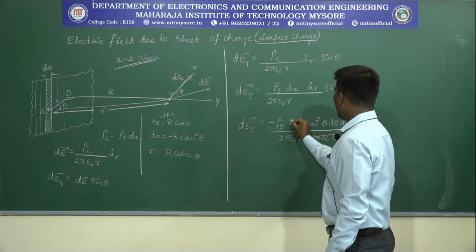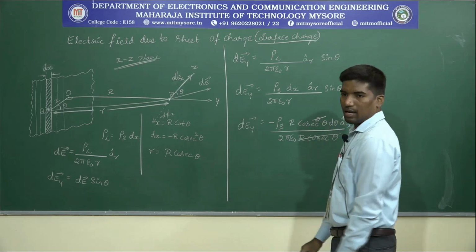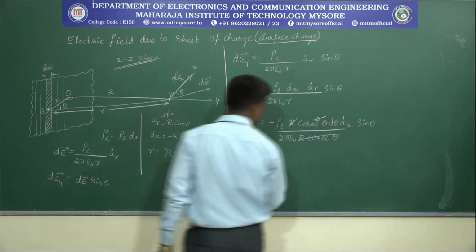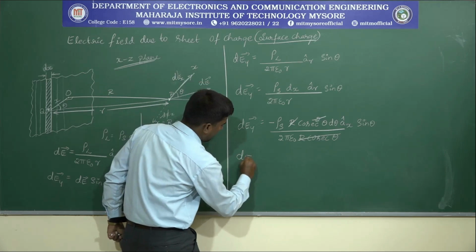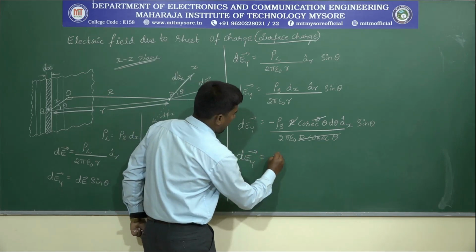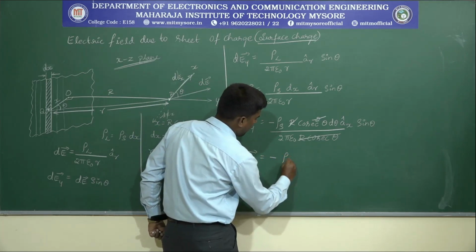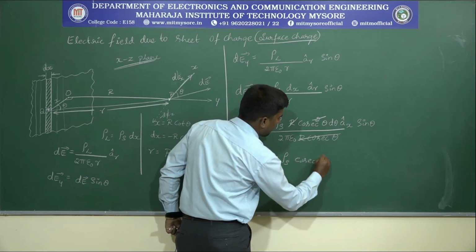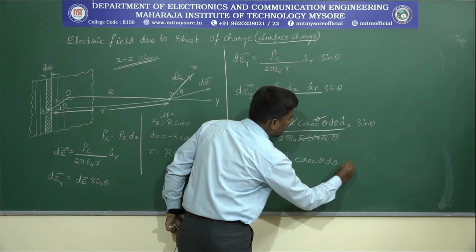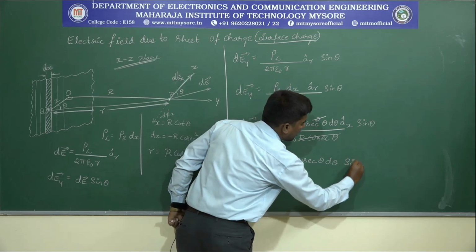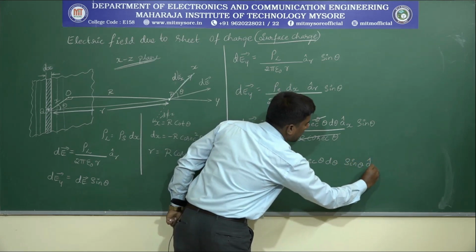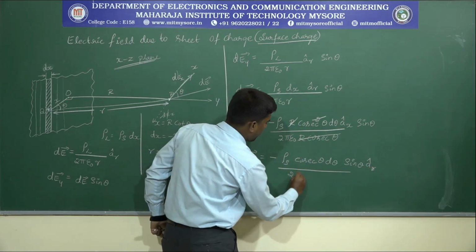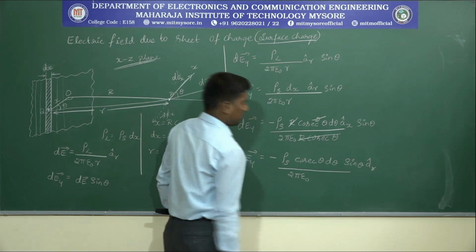R cosecant theta and square gets cancelled. This r gets cancelled. We are left with dEy is equal to minus rho S into cosecant theta into d theta sin theta a cap r divided by 2 pi epsilon naught.